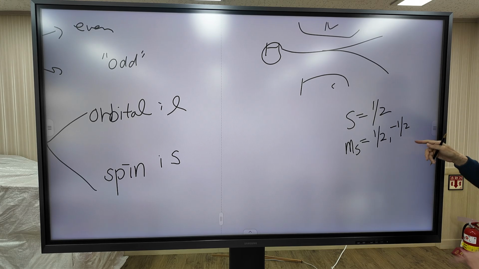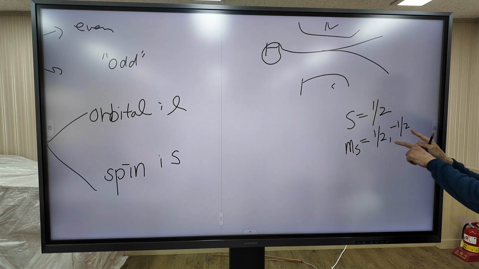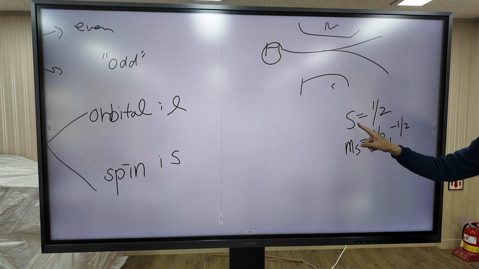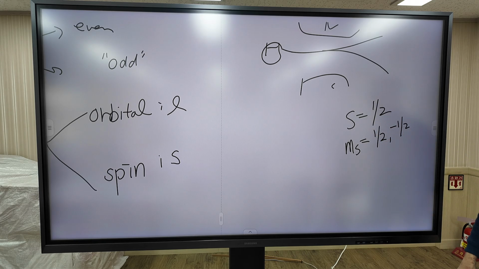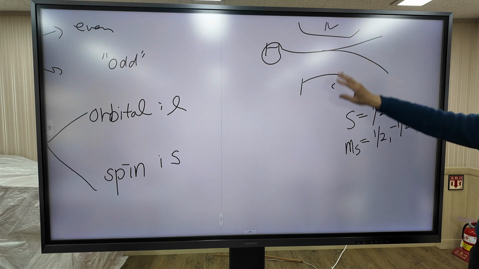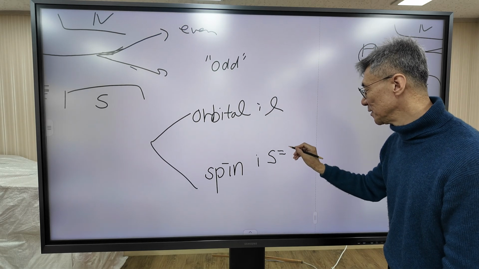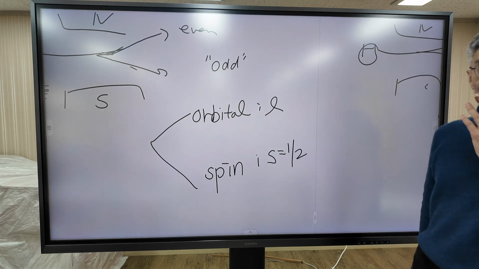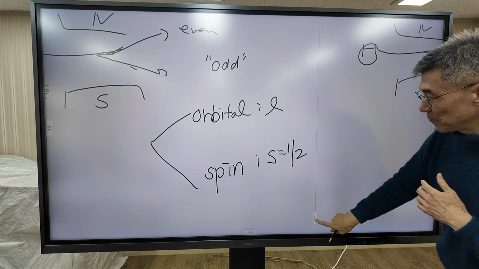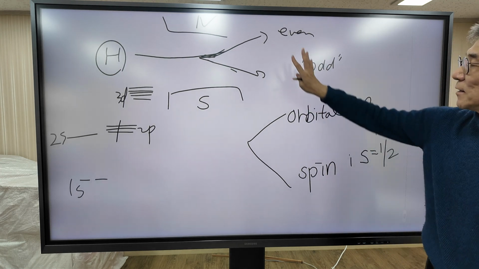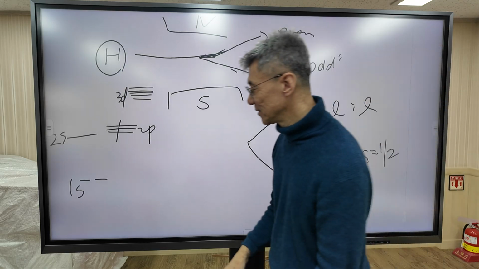So we have only 2 possible states when s equals 1/2. So to explain the Stern-Gerlach experiment, we must say that the spin quantum number s is 1/2. Right? In this way, we can explain the Stern-Gerlach experiment.